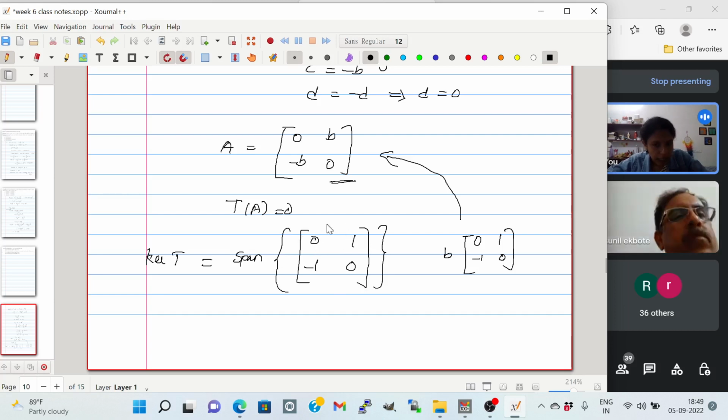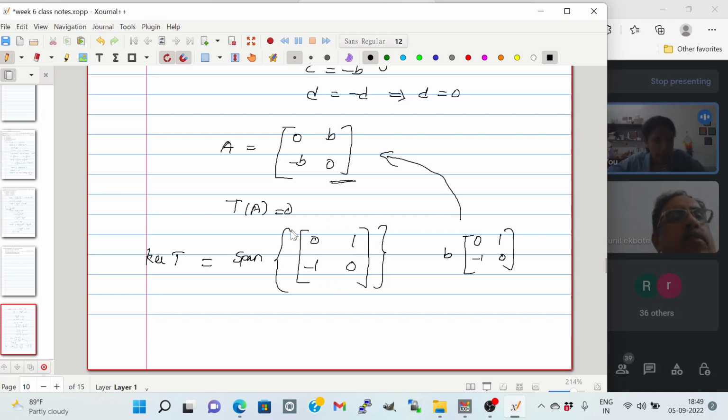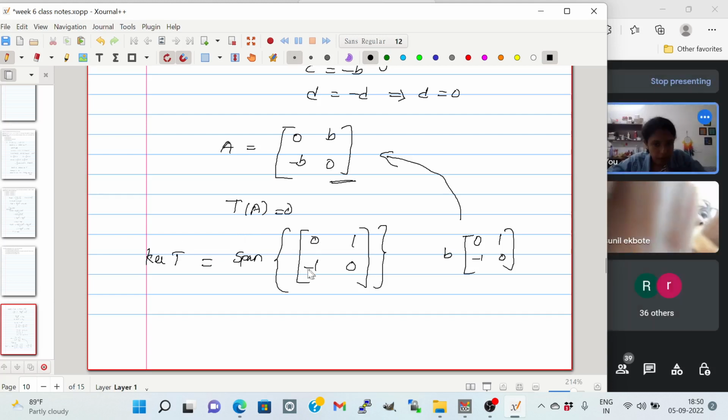Here I have only one element. Taking all the scalar multiples of this element, I will get all possible such elements, that means all elements in the kernel of T. This is also linearly independent, because it is only one non-zero element, and that is always linearly independent. So the kernel of T is a subspace which can be written as the span of only one element.